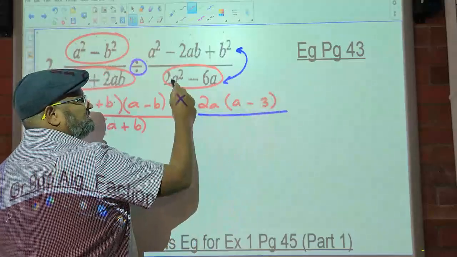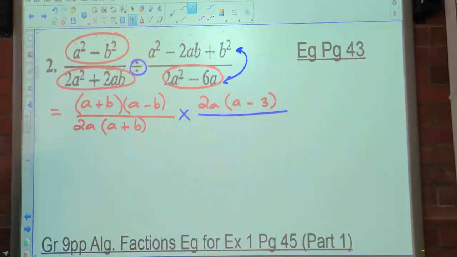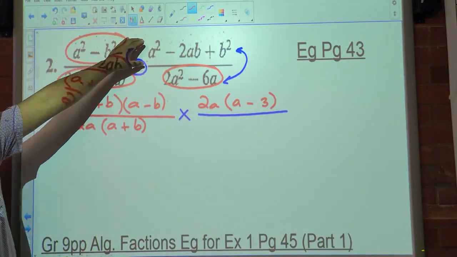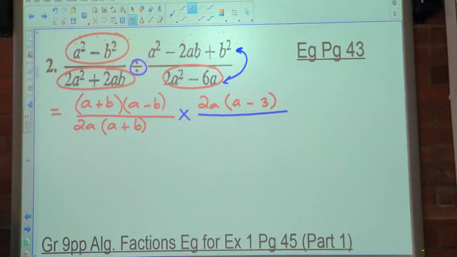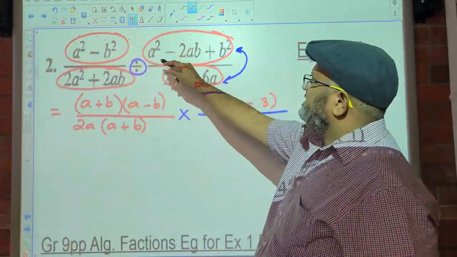So 2a times a is 2a squared, 2a times negative 3 is negative 6. This now becomes a denominator. Whatever factorization there? Perfect square trinomial, not so.